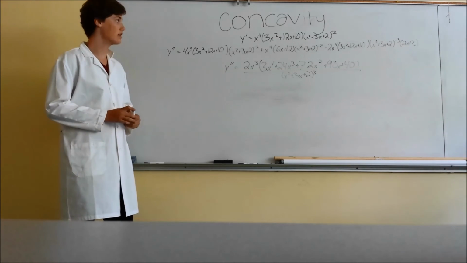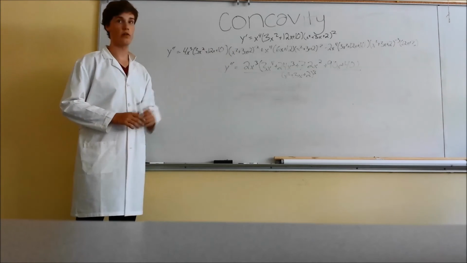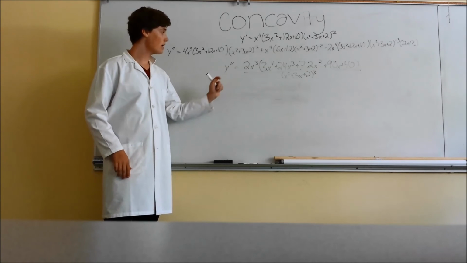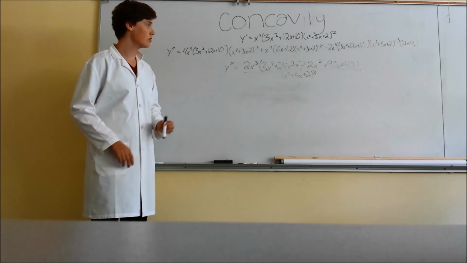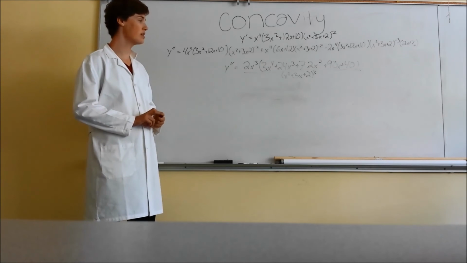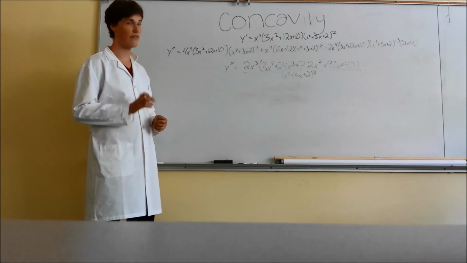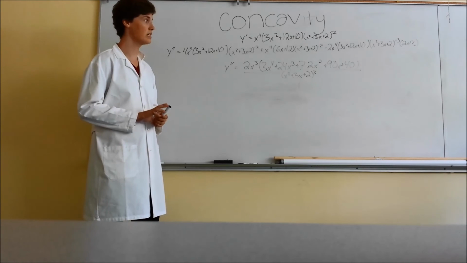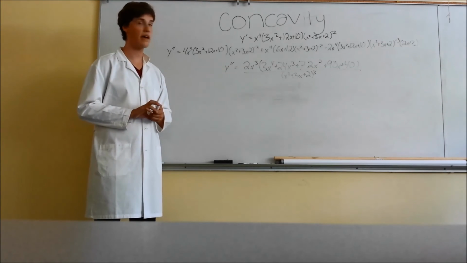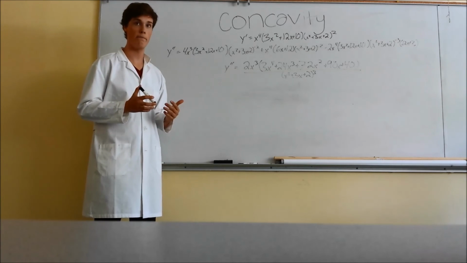To do this, we take the second derivative of our equation, as is shown here, and we get y double prime is equal to 2x cubed times 3x to the 4 plus 24x cubed plus 72x squared plus 90x plus 40, all over x squared plus 3x plus 2, all to the 3.